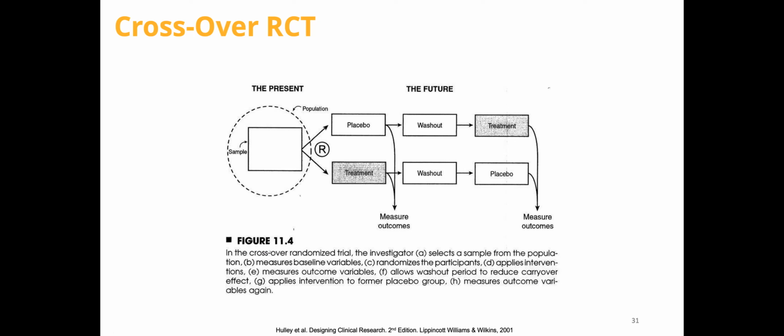You also need to fulfill the assumption that a patient doesn't change that much with respect to their characteristics over the study period, or otherwise there would be confounding according to time. So that's another study design that you can look at for randomized controlled trials.